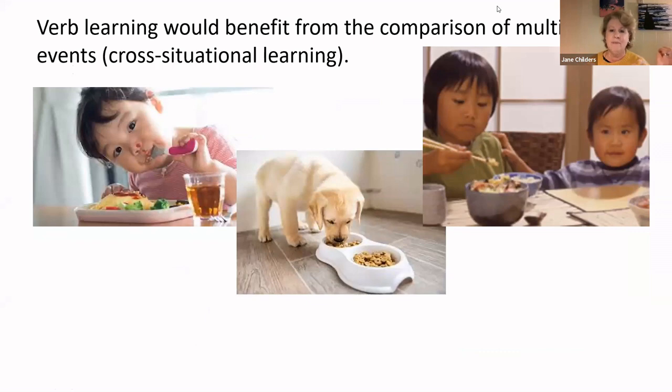One thing that would really help them, both in learning a verb and figuring out how to extend it in the right way, is cross-situational learning. So comparing across different situations. So if a child compares their own eating with the dog eating and with watching their sister eat, maybe they could learn something by comparison.